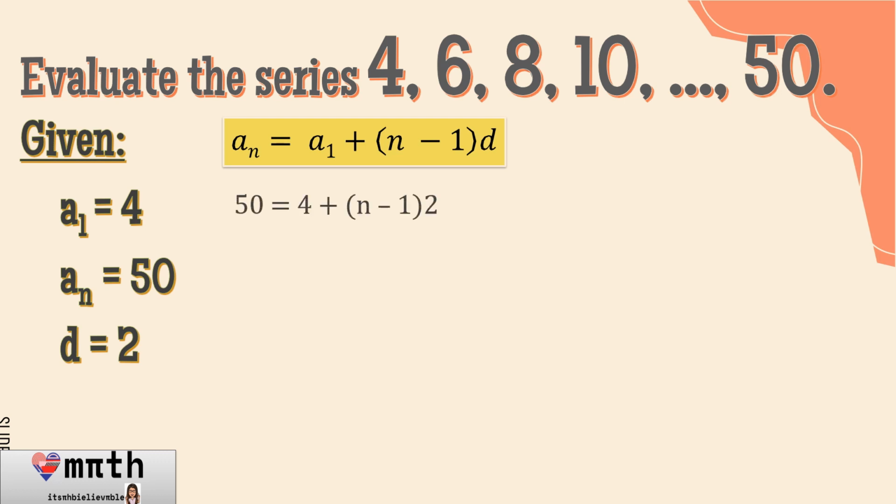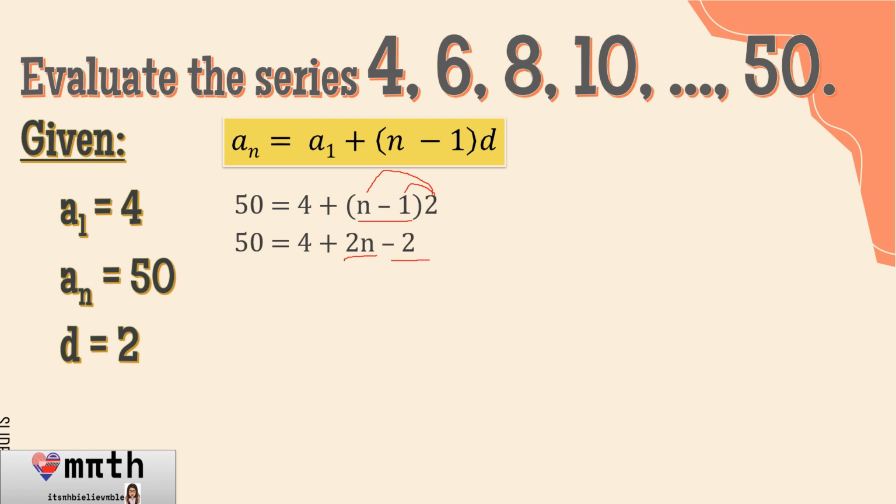So, substituting the values, that will be 50 is equal to 4 plus n minus 1 multiplied by 2. In this case, we're going to distribute 2 to n and negative 1, since we cannot simplify n minus 1. So, 2 times n, that will be 2n. 2 times negative 1, that is negative 2.